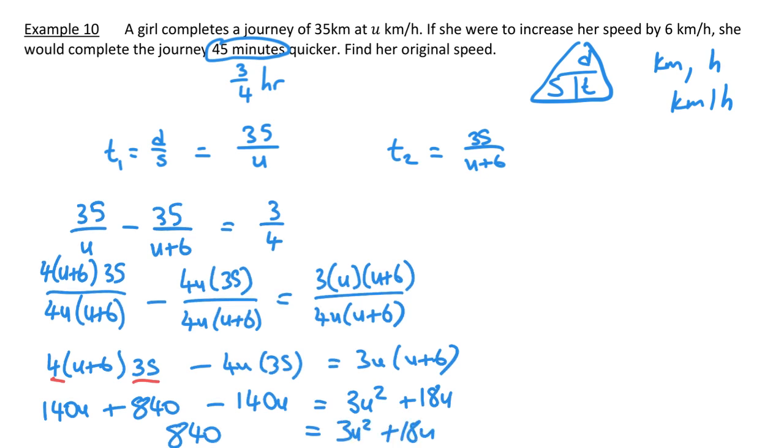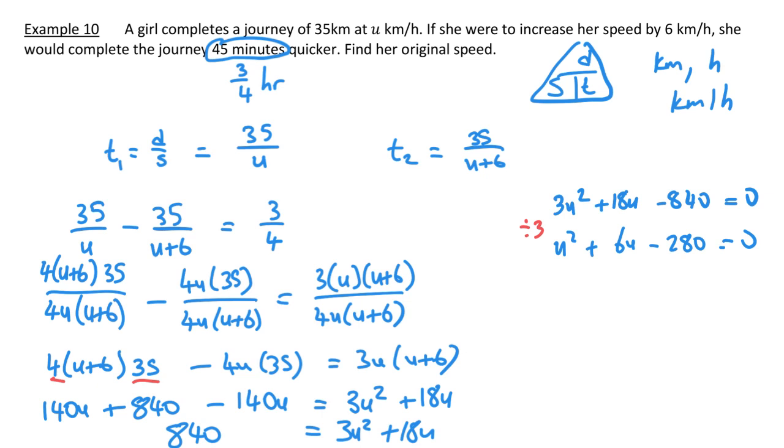So for a quadratic equation we must make it equal 0. So we can write it as 3u squared plus 18u minus 840 is equal to 0. And all these numbers are multiples of 3, so we can divide by 3 to get u squared plus 6u minus 280 equals 0. So I've divided by 3 there.